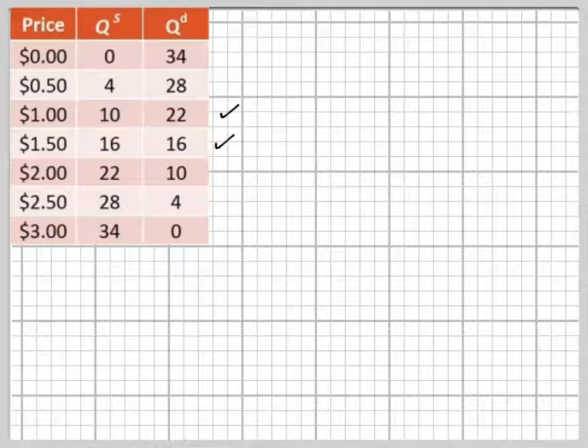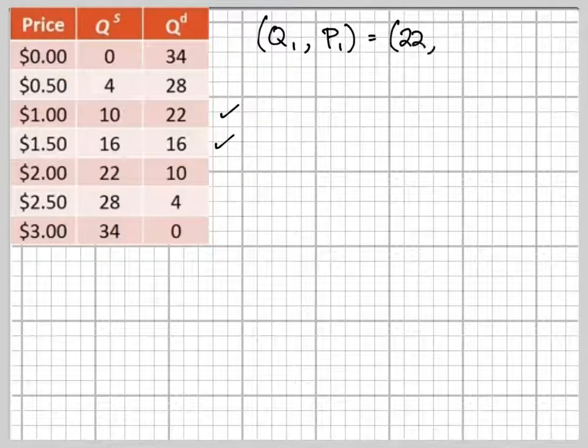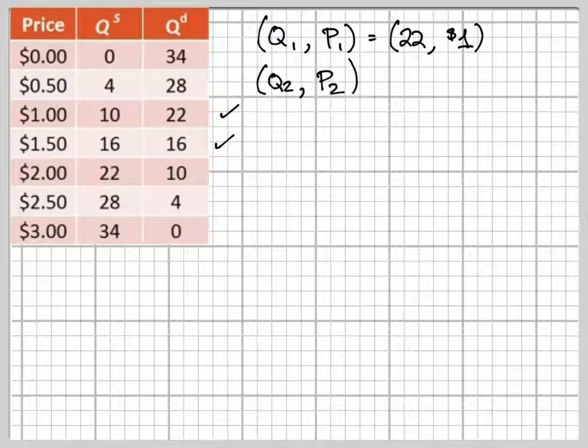So point 1 is Q1 of 22 cups of coffee and $1 is the price. Q2, P2 is 16 and $1.50.